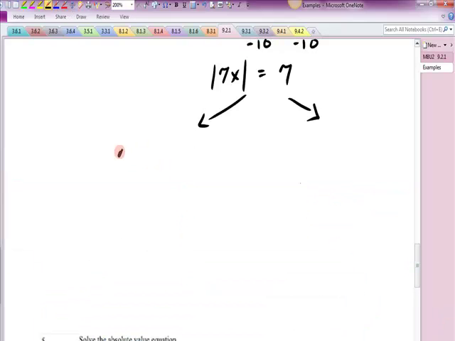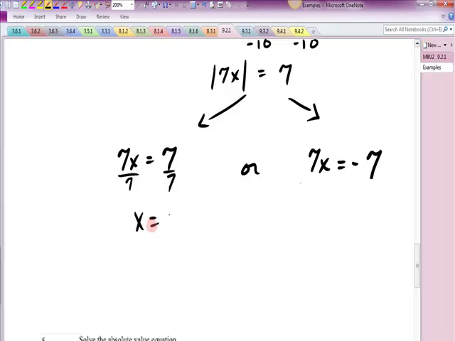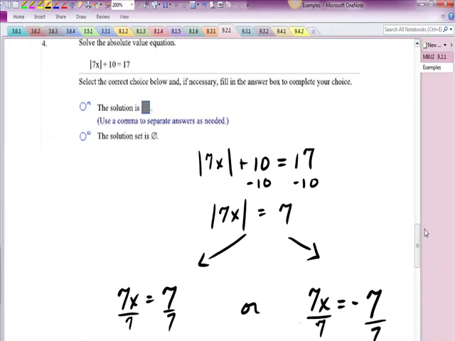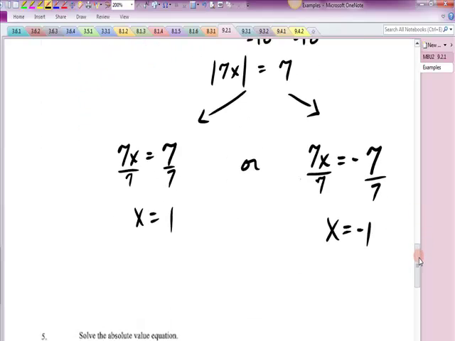In one of them, 7x could be 7, or 7x could be negative 7. You take what's inside the absolute value, you set it equal to the positive and the negative. The first one, divide by 7, x could be 1. The second one, divide by 7, or x could be negative 1. My two answers are 1 and negative 1. It doesn't matter about the order.